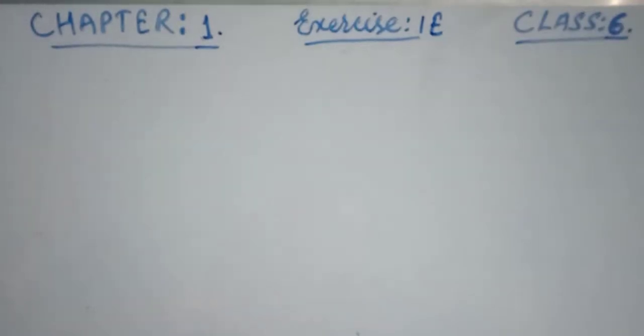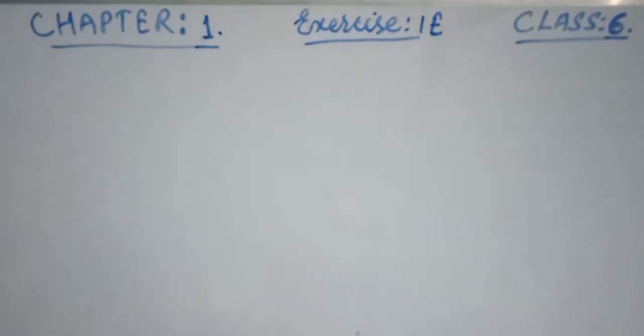Now friends, in exercise 1E, these are similar types of questions. First we have to estimate the value, then multiply and we will get the answer. I have already discussed these 3 types of questions in exercise 1D a couple of seconds ago.